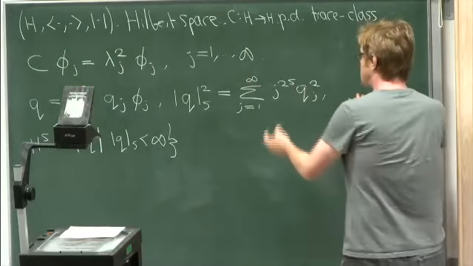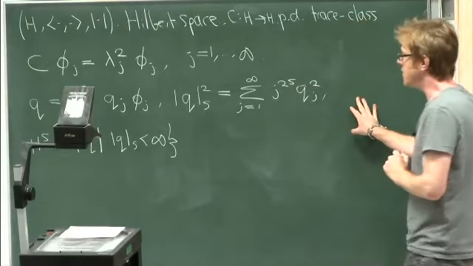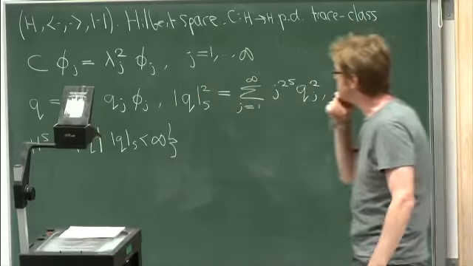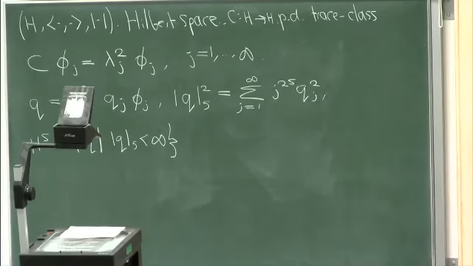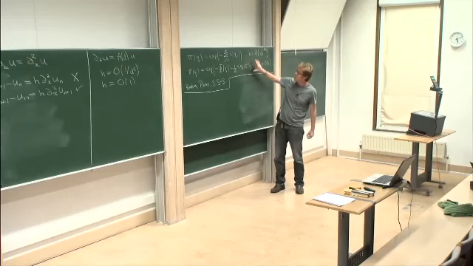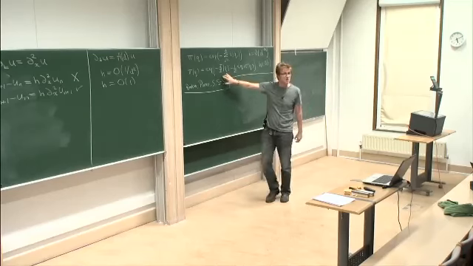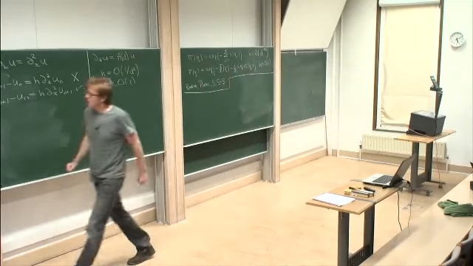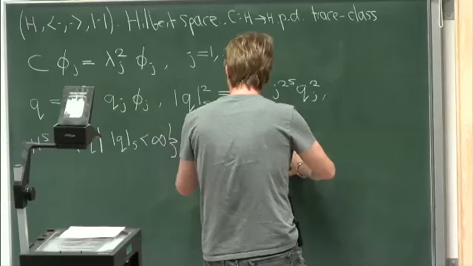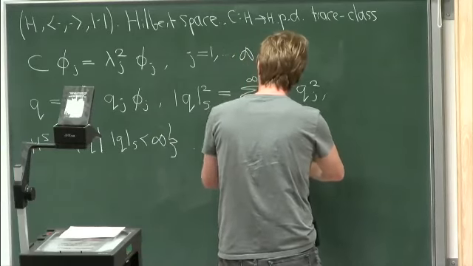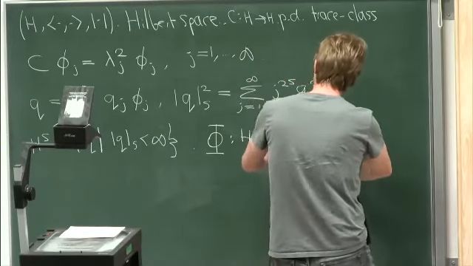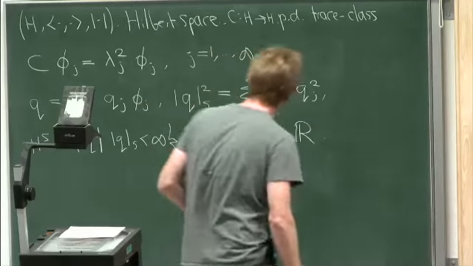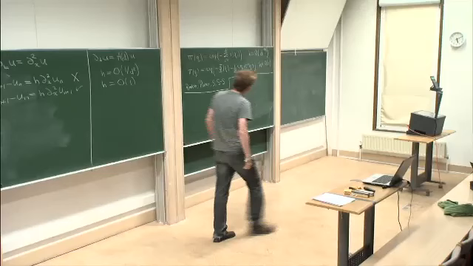And finally, I'm going to put some assumptions on the growth of the eigenvalues lambda, which I'll detail in a moment. And using that, I'm going to make precise what I told you a moment ago, which is that I'm going to assume that this quadratic part dominates phi. So phi we're going to think of as a function from HL, and I'll be precise about L in a moment, to R.